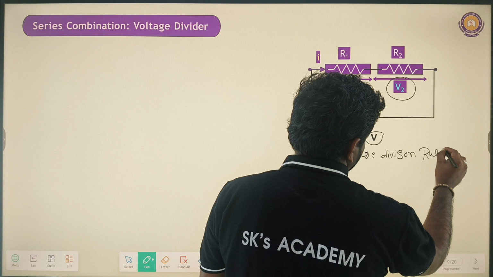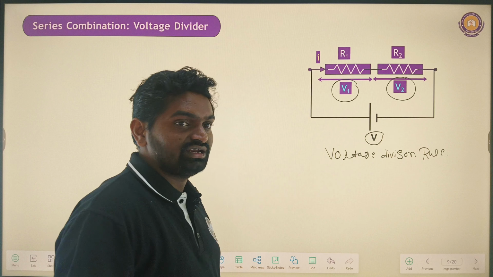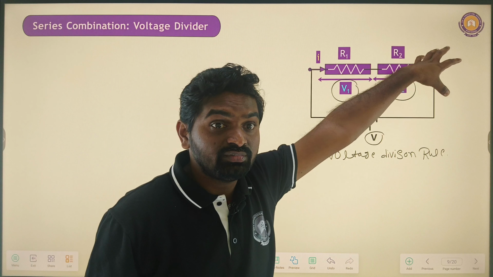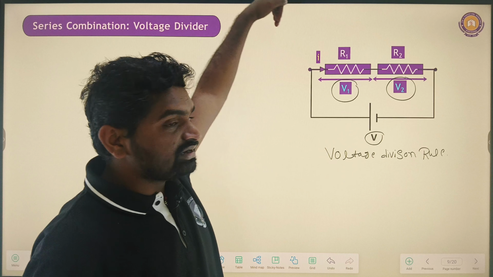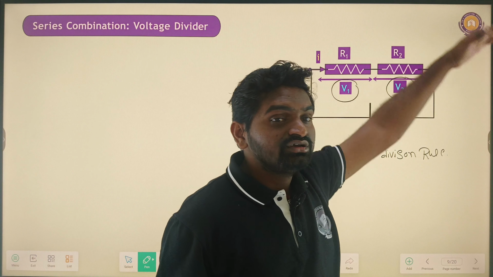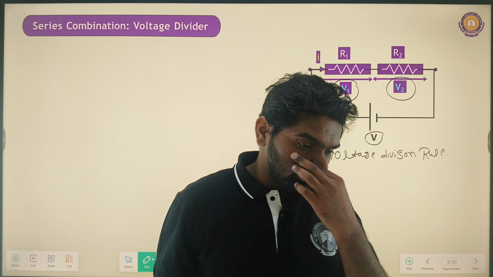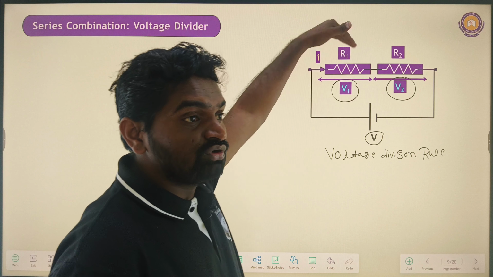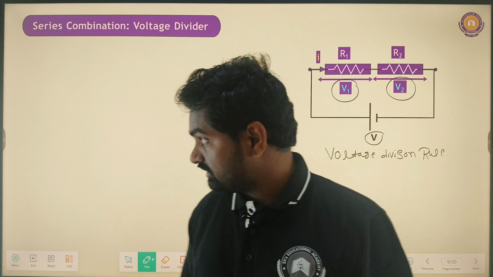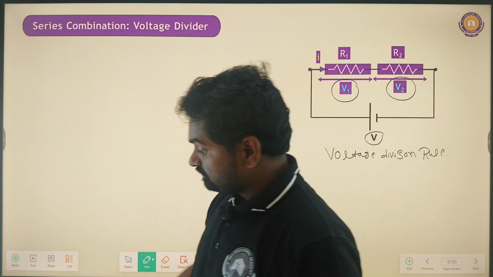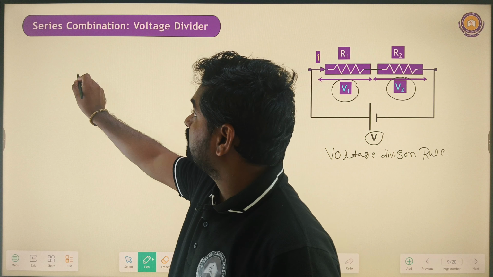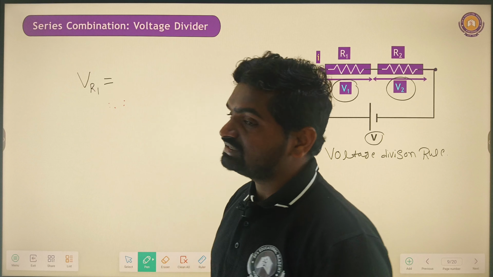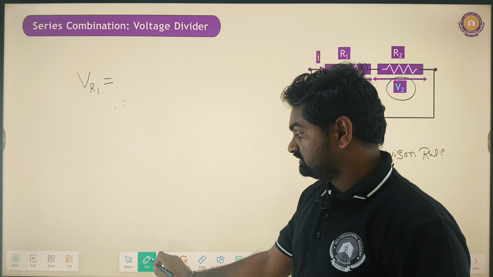So if two resistances are in series connection, we are applying total voltage across the two resistances, but individually R1 has a separate voltage and R2 has a separate voltage. How to find out the voltage at R1 and voltage at R2? Okay? Clear? See, first of all we find the voltage at R1.